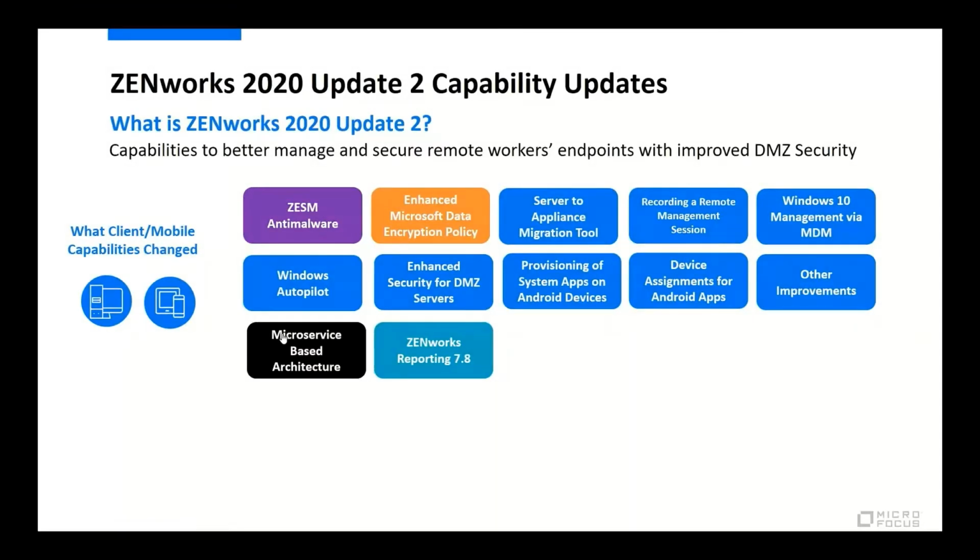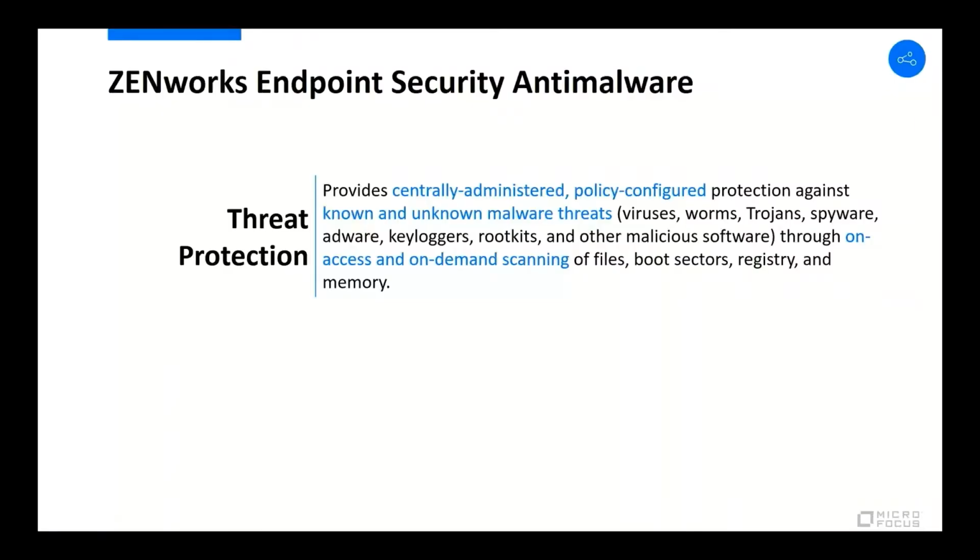I'm excited to be here today to introduce the anti-malware capabilities that we have added to ZENworks 2020 Update 2. In terms of anti-malware, we're really focusing on two primary areas. The first one is threat protection.